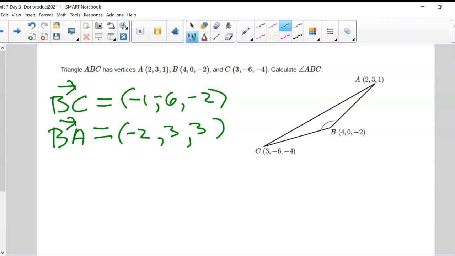Okay, so we have the two vectors, tail to tail, B to A, and B to C. And the angle in between that is, of course, the B angle. So I'm going to set this up for you now.